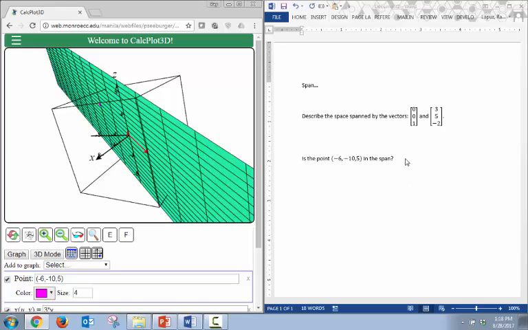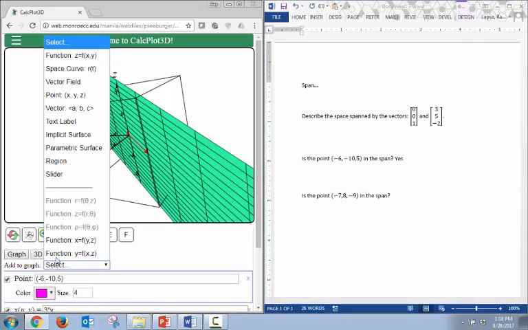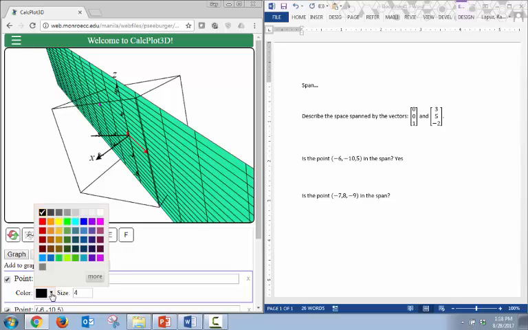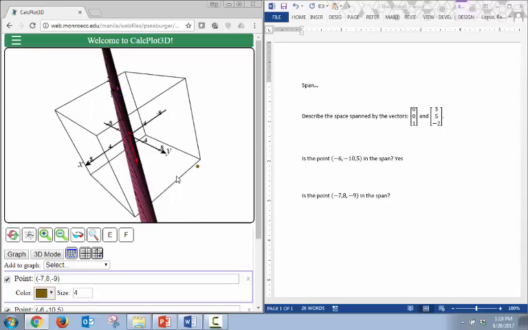Now just give me another random point. You say in the span because you pick a point within your domain range.